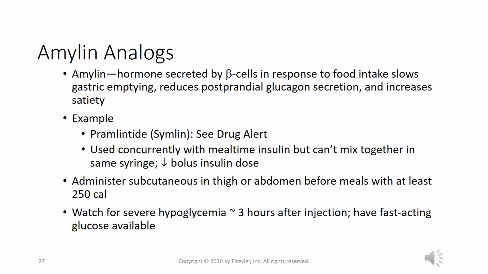This requires three-times-a-day dosing before meals. There's an increased risk of hypoglycemia. It can't be mixed in the same syringe with insulin, but again, this is not as common as the last class that we just talked about, but I just wanted you to know there is another non-insulin injectable.